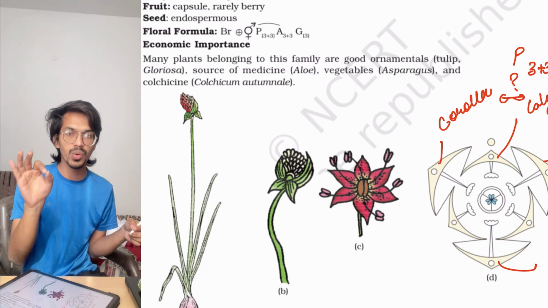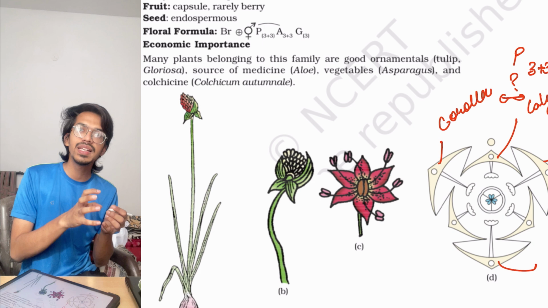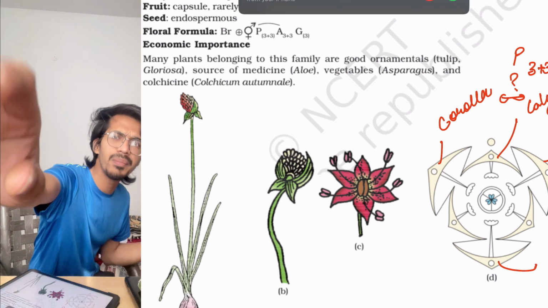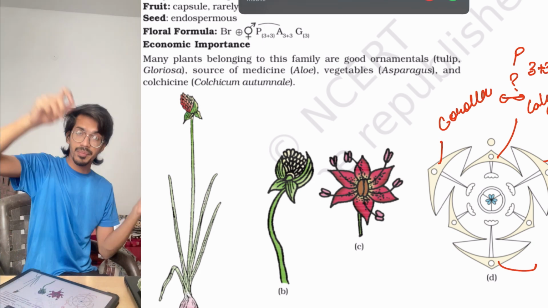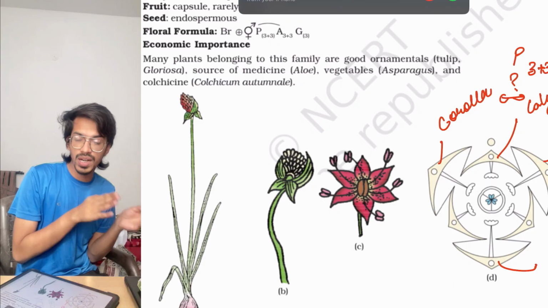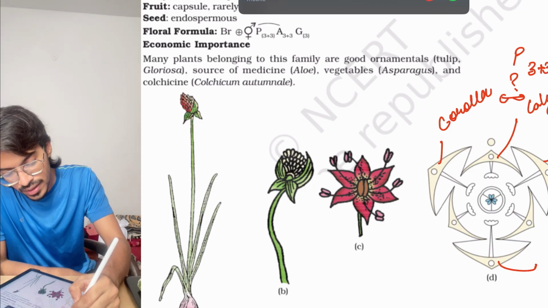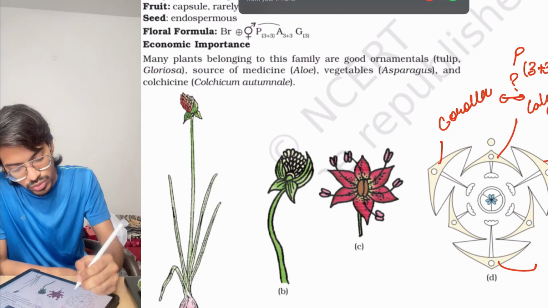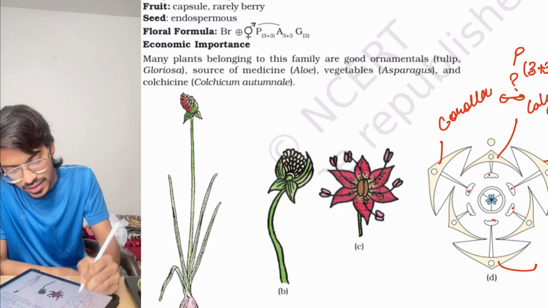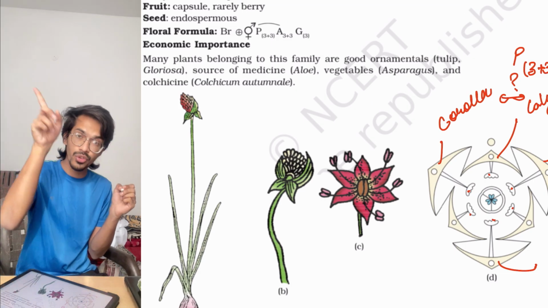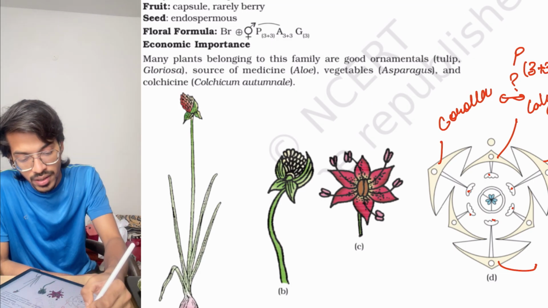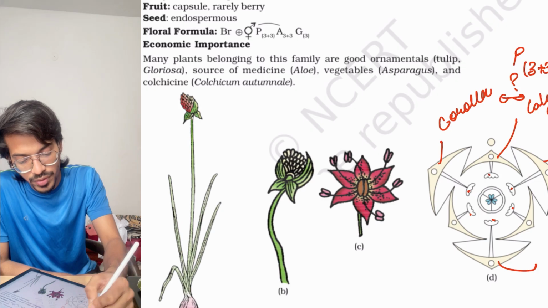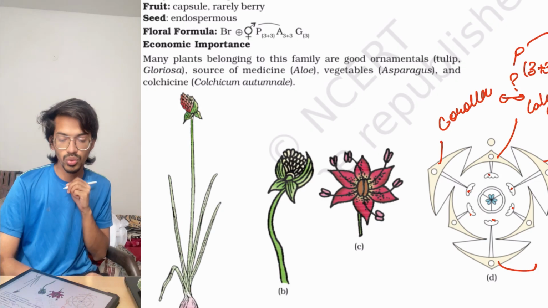So here we use the letter P for combinedly showing the corolla and the calyx. Then there will be an androecium. If you see all these androecium are at the same level, but they are coming from different petals. So since they are coming from different petals, they are joined together over here.